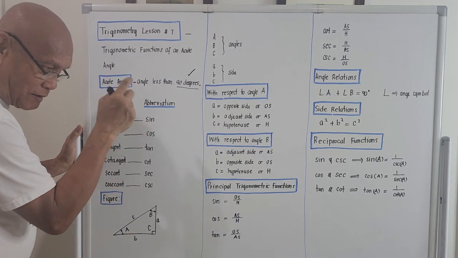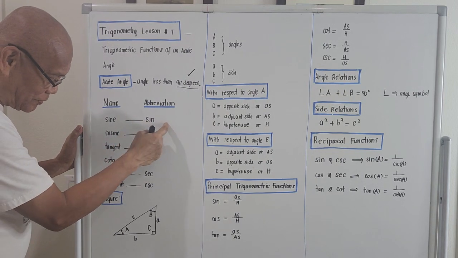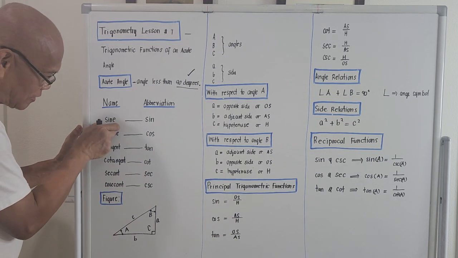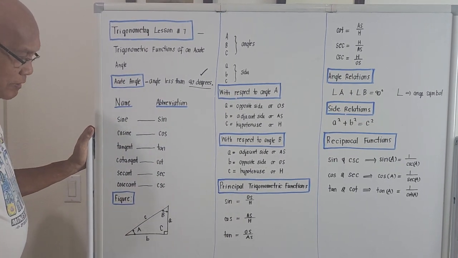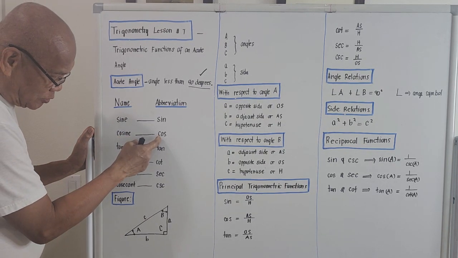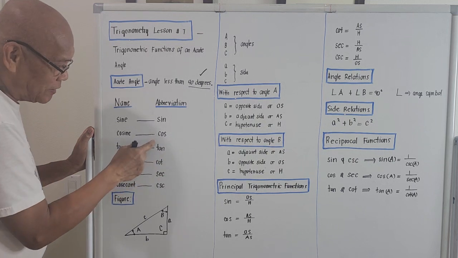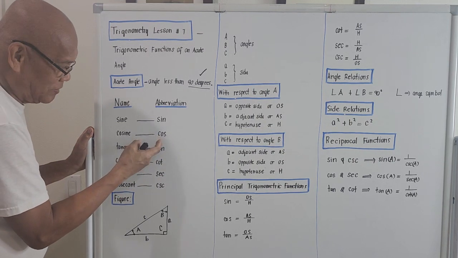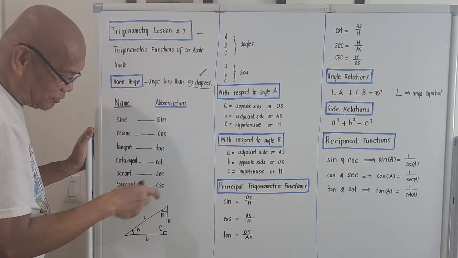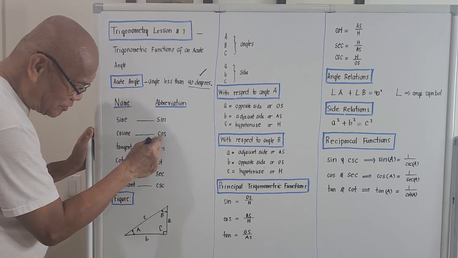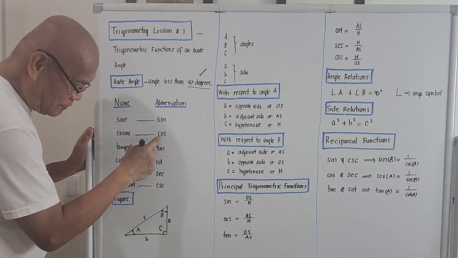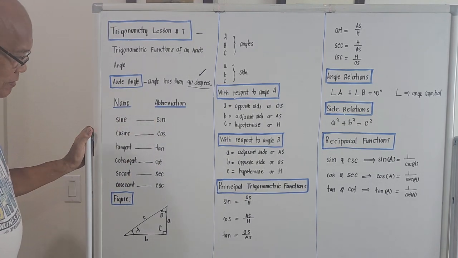You will read it as sine, because this is just the abbreviation and the complete word is SINE, sine. For the cosine, the abbreviation is simply COS, but don't read this as cos. It is understood to be cosine. It is just abbreviated COS.